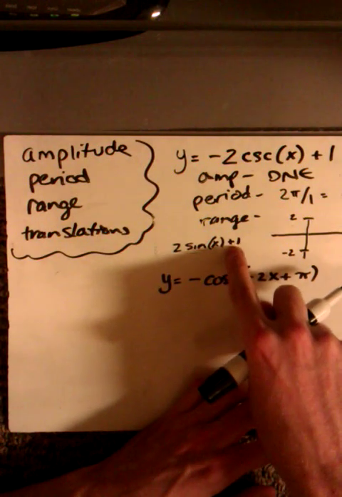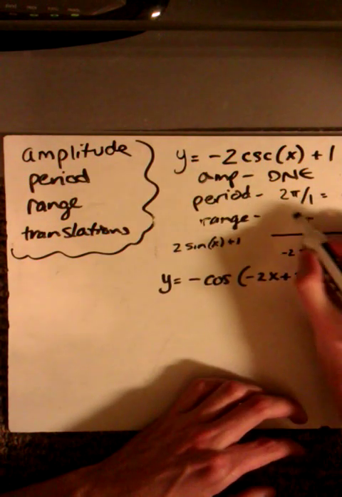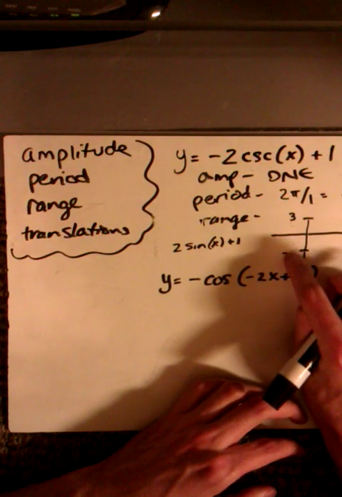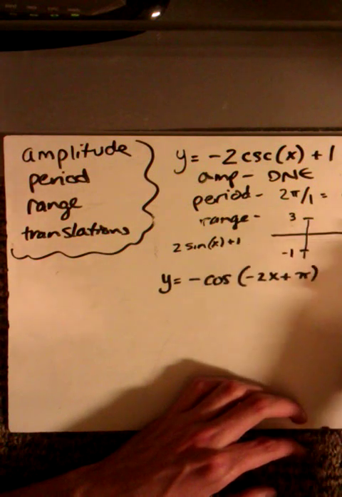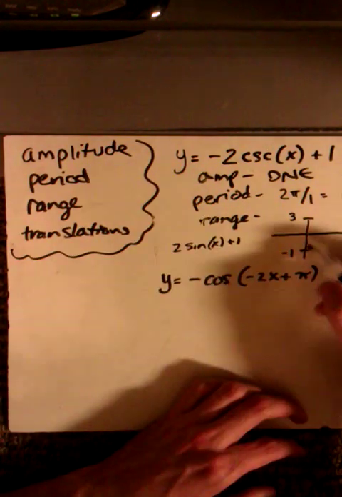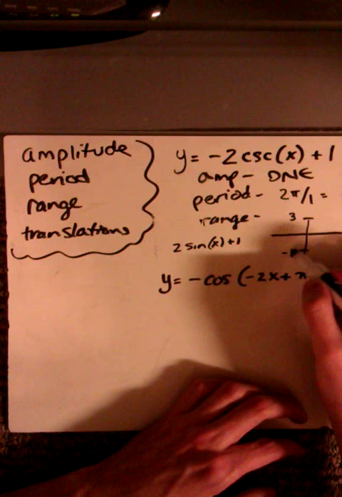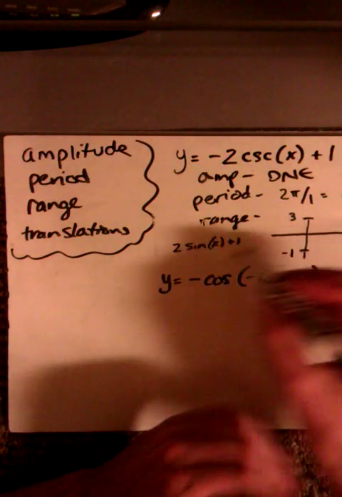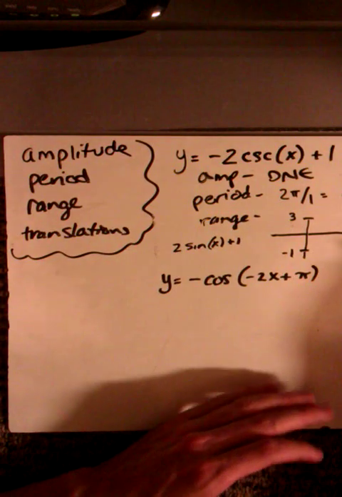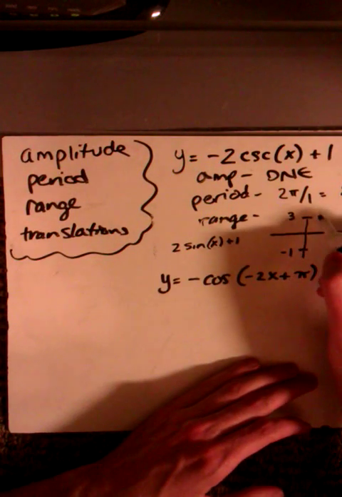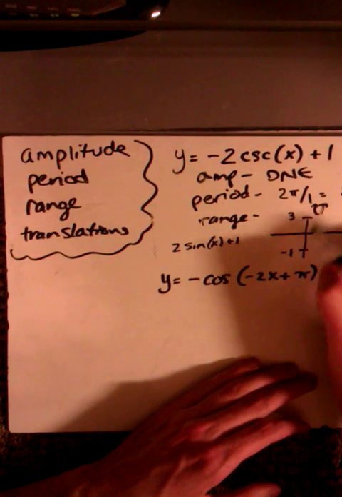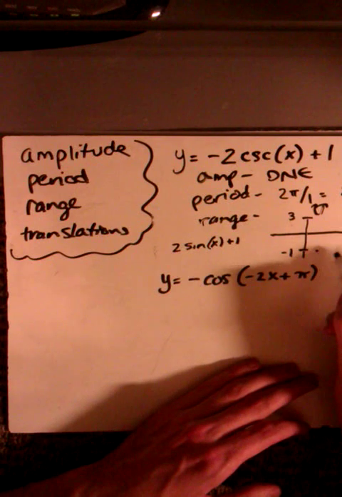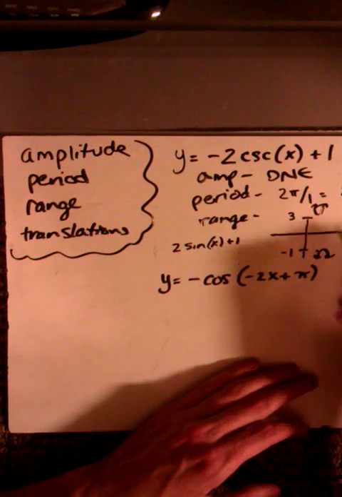And I've also moved everything up 1 unit. So that's 3. And if I add 1 to negative 2, it's negative 1. So the range for sine would be between negative 1 and 3. But I'm not graphing sine. I'm graphing cosecant. So cosecant is actually going to go the other direction. It's not inside these values, it's outside them. It's the U-shaped thing.